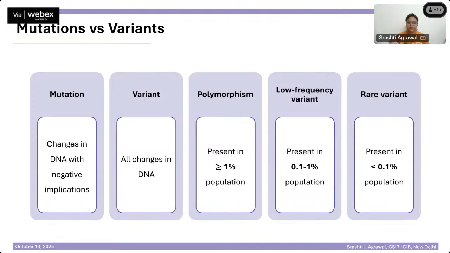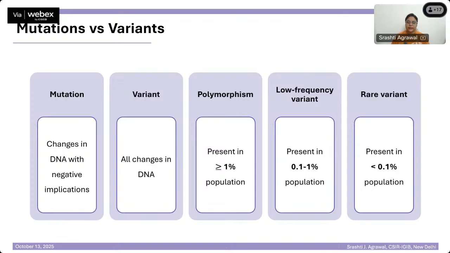Mutation is a terminology which is specifically used for changes in the DNA when we want to connote that the mutation has a negative implication. However, these variants, like I said, may or may not lead to change in the text, that is, change in the meaning of how DNA is read. So, therefore, every variant comes under the umbrella term of variant.